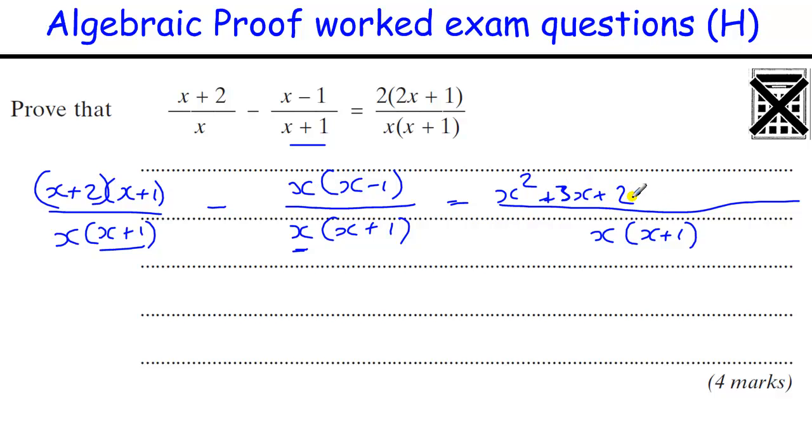Now the second one, I recommend first of all multiplying it out, because it's a take away. Multiply out the bracket and keep it in a bracket so you don't mess up the signs. So we've got x times x squared, x times minus x, and then we've got x squared plus 3x plus 2.